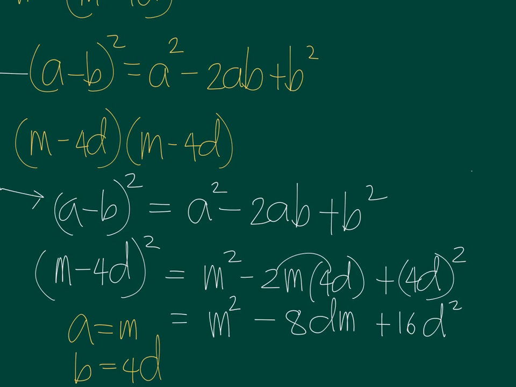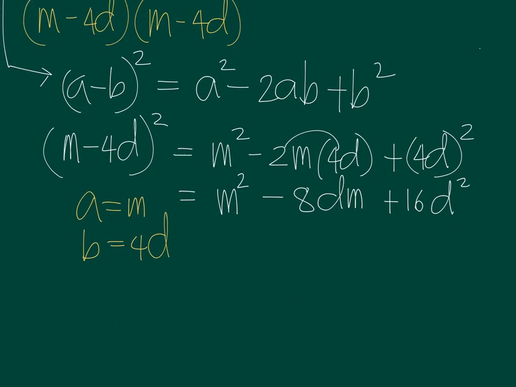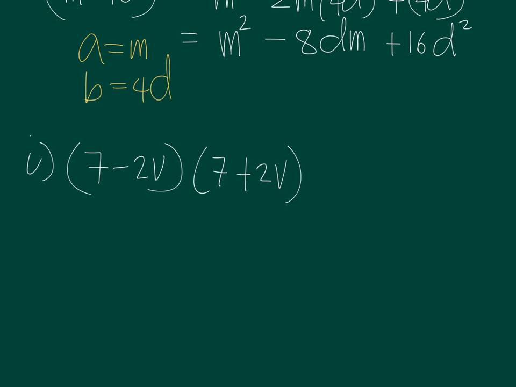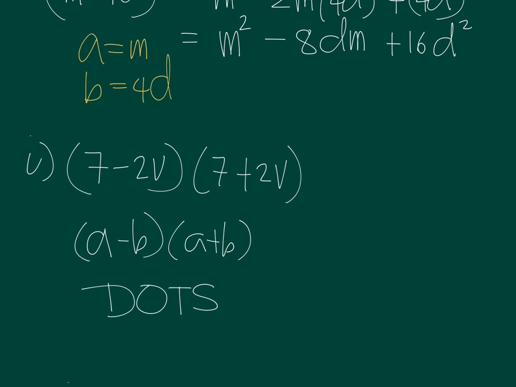And then letter I: (7 - 2v) times (7 + 2v). This is the application of (a - b) times (a + b), what we call the difference of two squares.